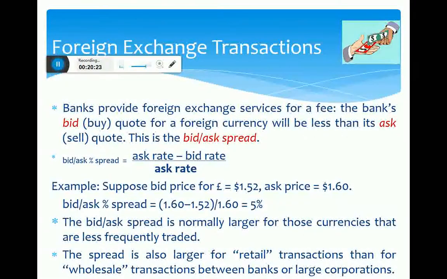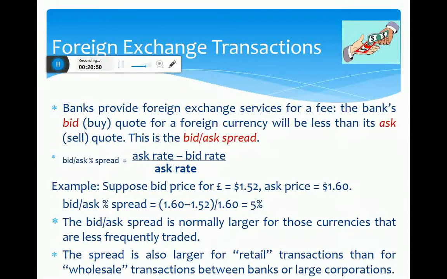The bid rate is basically lower and the ask rate is basically higher. The bid rate is the one at which they will buy a foreign currency from you, and the ask rate is the one at which they will sell the foreign currency to you. So the difference between the bid rate and ask rate is basically the return or the profit of the banks.